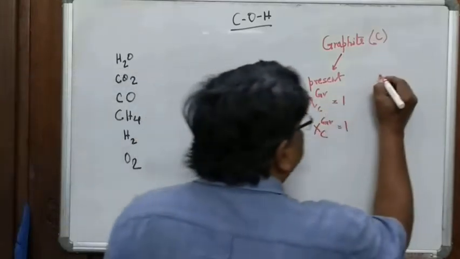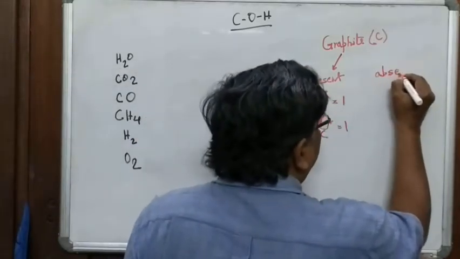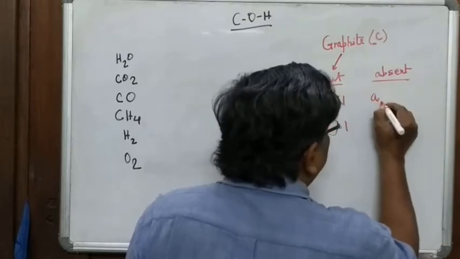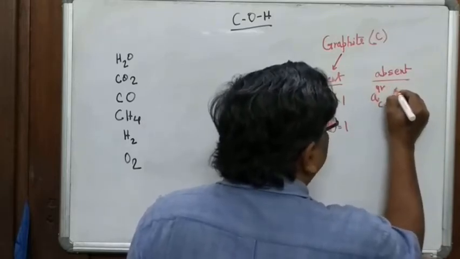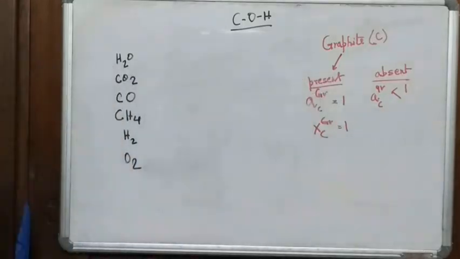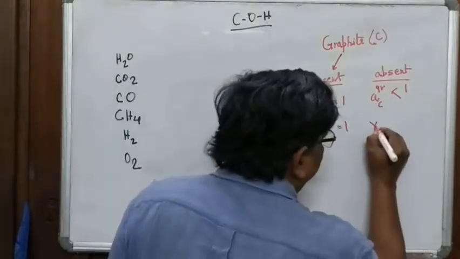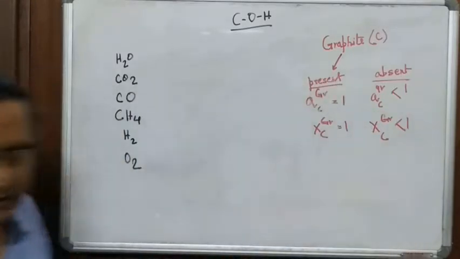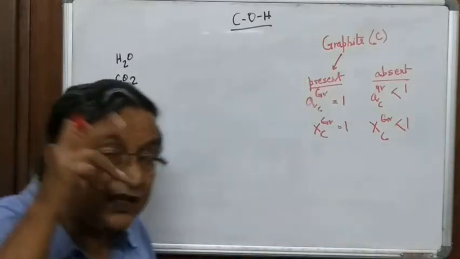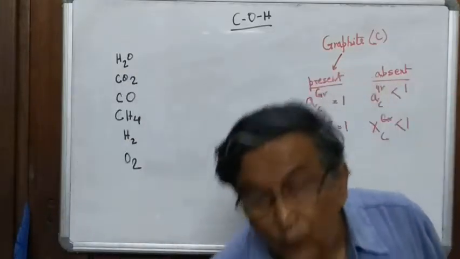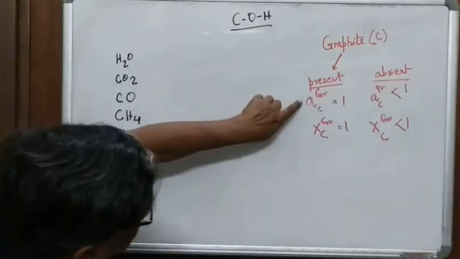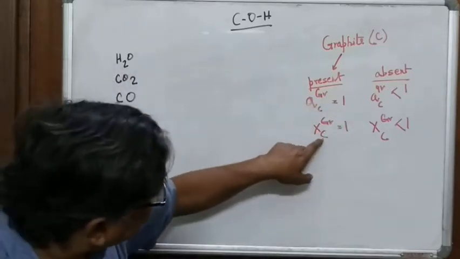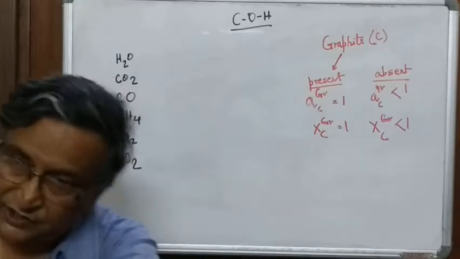And graphite absent, where activity of carbon in graphite is less than 1. Similarly, if we do ideal things, then this is equal to 1. Once again, just like your fluid present and fluid absent, activity of graphite is equal to 1 is an equation. Or Xc in graphite equal to 1 is an equation.